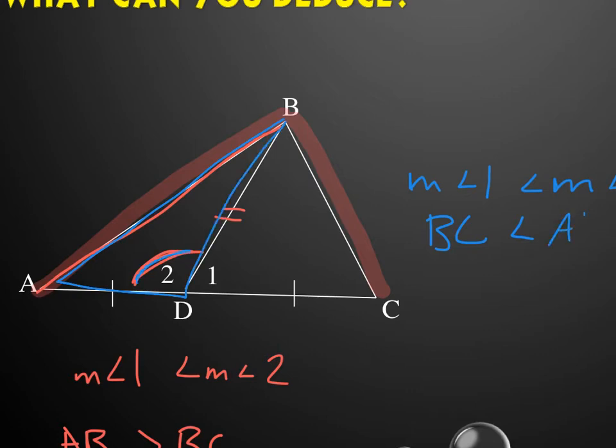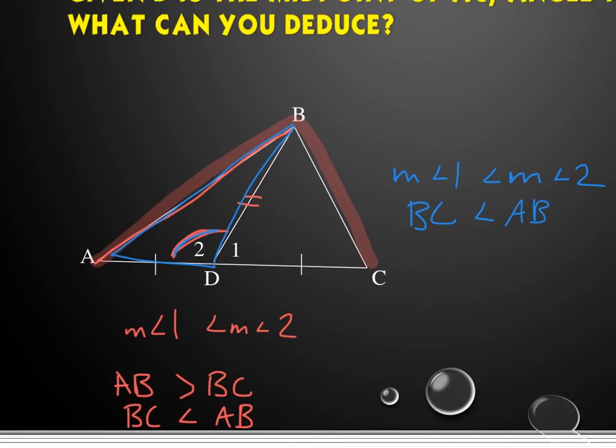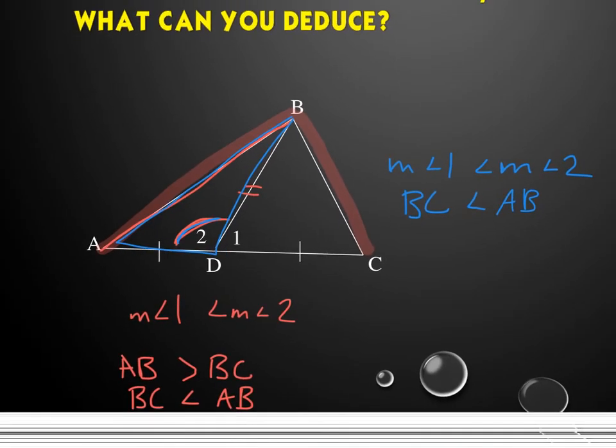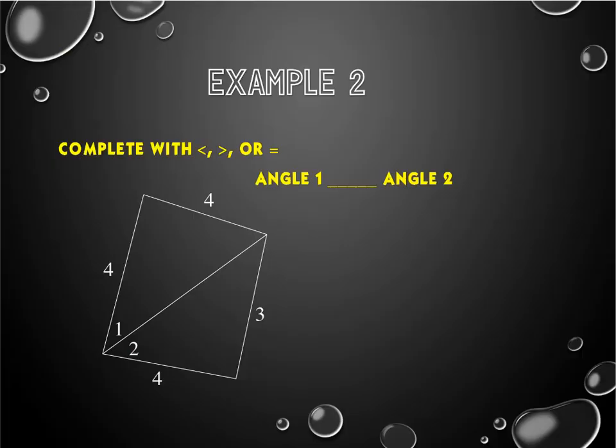AB. So we know that BC is less than AB. Any questions on this one? Okay, another example.